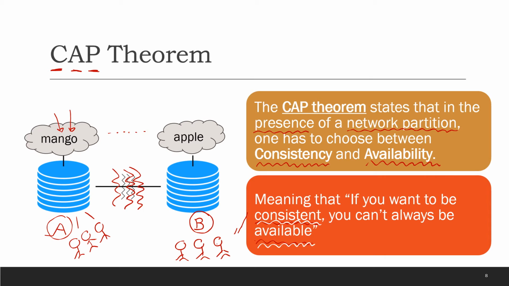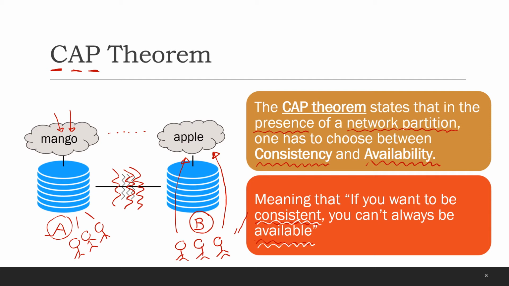So users of node B, when they access the data, will not see the newly updated data. They may see the old data with Apple instead of Mango. So this means we choose availability, but we lose consistency.